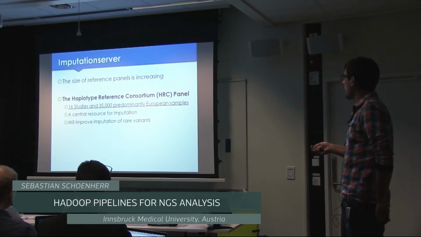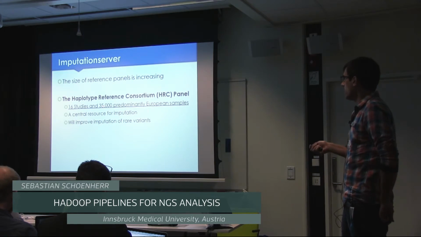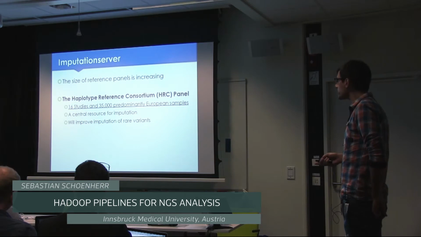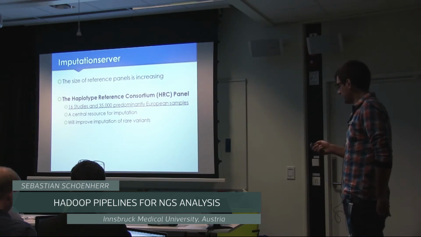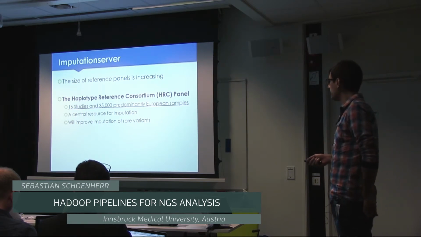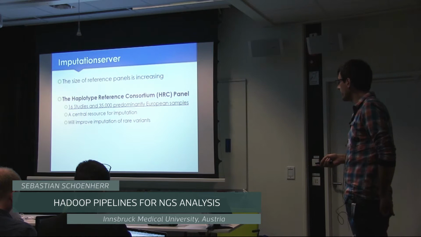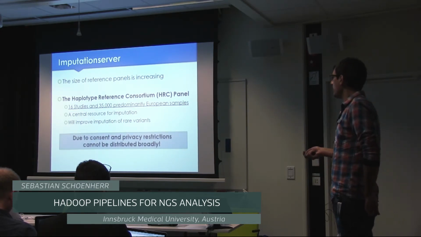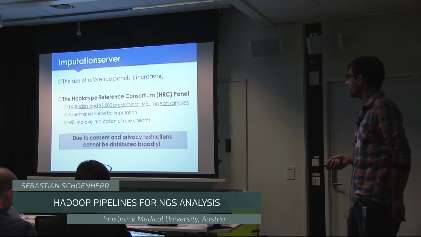It's called the Haplotype Reference Consortium panel, and it includes 35,000 sequenced samples. This is a resource for imputation, and it is especially good for imputing rare variants. The problem with this panel is that it cannot be distributed properly.